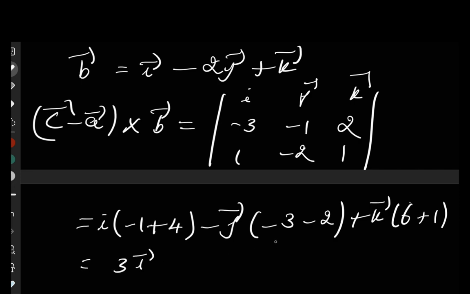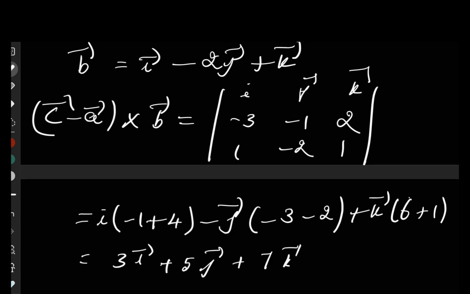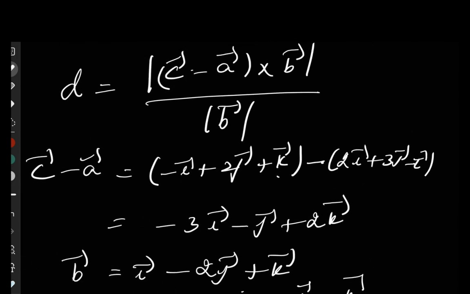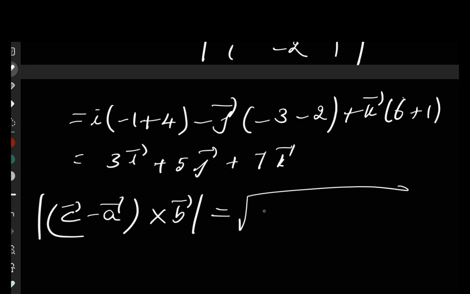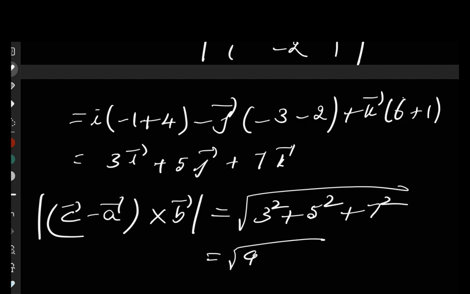So, 3i minus plus 5j plus 7k. You need to find the modulus. The modulus of vector C minus vector A cross vector B is equal to square root of 3 square plus 5 square plus 7 square, which is 9 plus 25 plus 49, that is square root of 83.